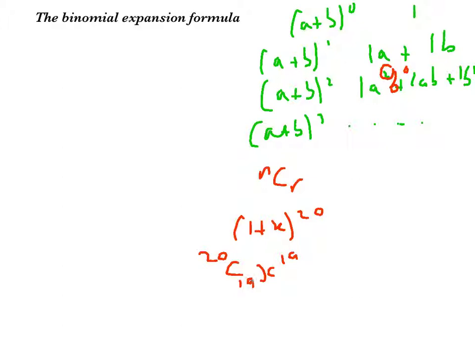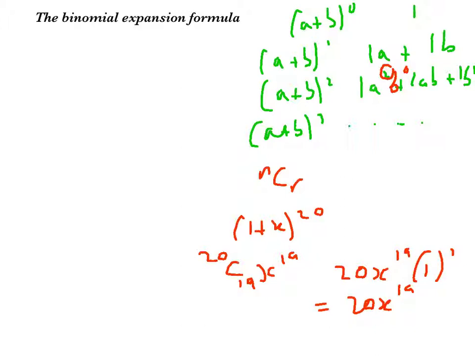So 20 choose 19. You would put that in the calculator and you would get 20x to the 19. But remember, we have this 1 here, so this would be 20x to the 19 times 1 to the power of 1, so 20x to the 19.